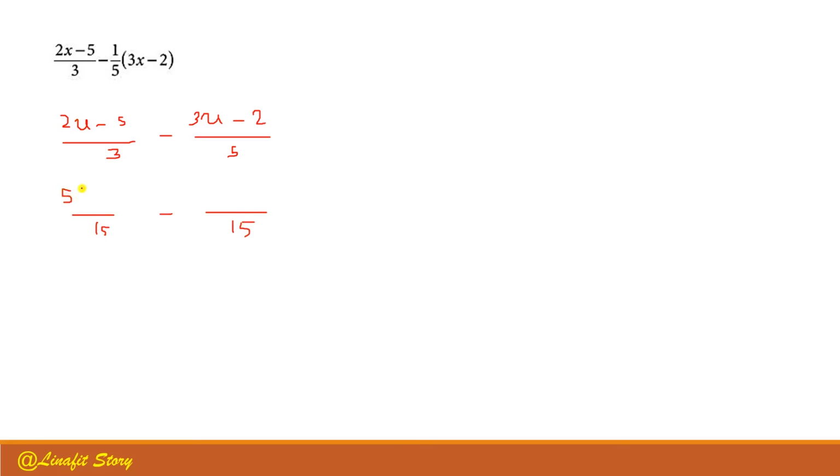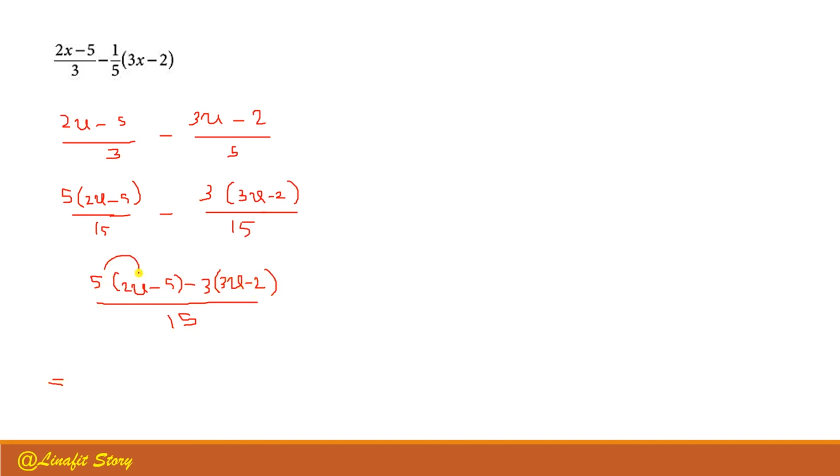So 5 times open bracket 2x minus 5. 5 times how many is equal to 15? 5 times 3. Do the same to the top. So 3 times 3x minus 2. Then we will combine into a single fraction out of 15. 5 times open bracket 2x minus 5 minus 3 open bracket 3x minus 2.